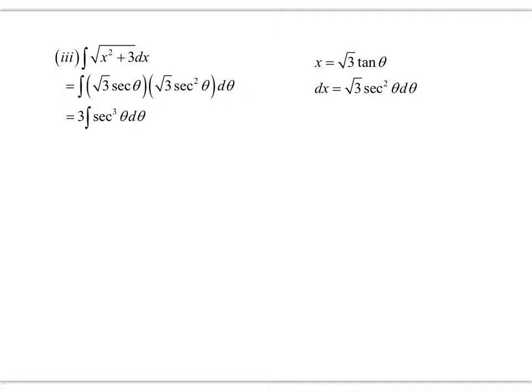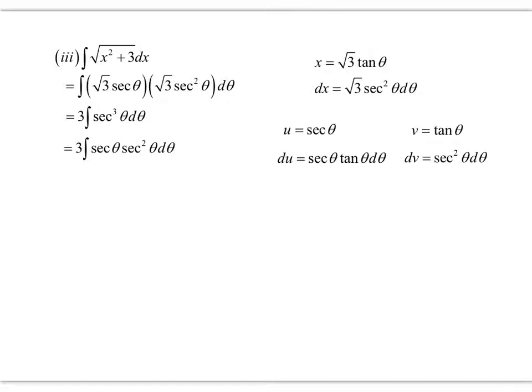Root 3 times root 3, because we have those two multiplying each other, that becomes your 3. That can be brought outside the integral. And then we end up getting sec cubed theta. We can rewrite that as sec theta times sec squared theta. And we might want to use integration by parts.